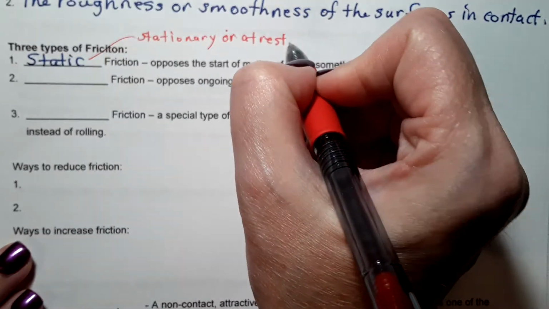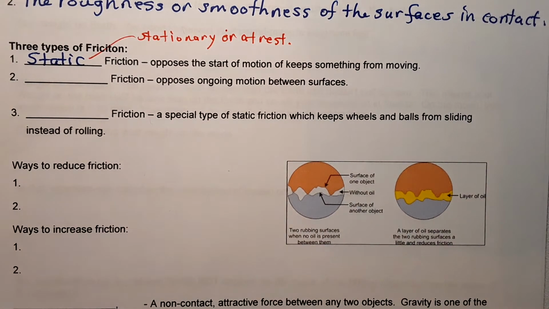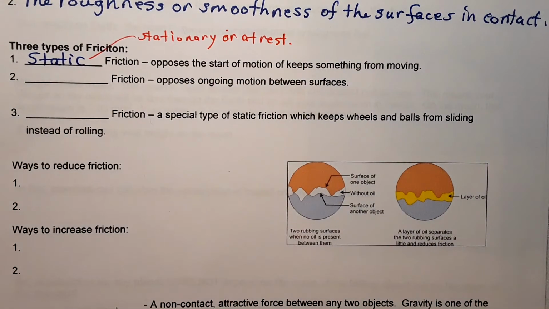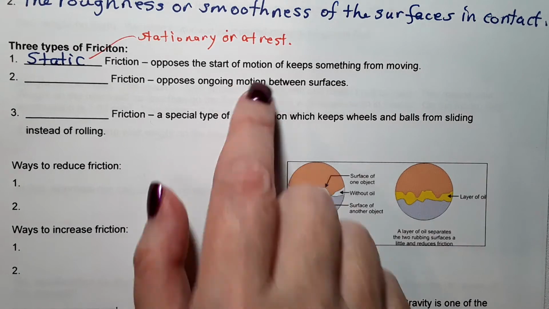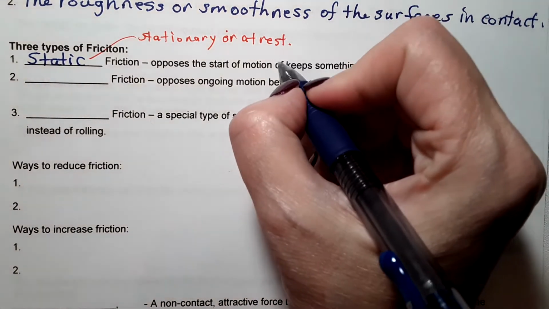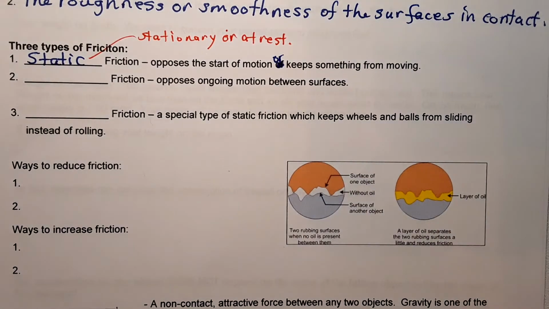So if an object is static, it's stationary. Now, what is static friction then? Well, static friction opposes the start of motion. Keeps something from moving.